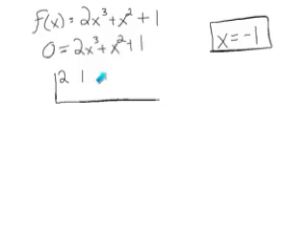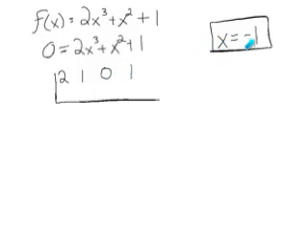So we need to have a placeholder when we're doing the synthetic division, and since we don't have an x term or a linear term, we're going to put a 0 in for that. And then our last term is always going to be the constant. Well, here our constant is 1, so we have a 1. So remember that in synthetic division, if we skip a term, so x cubed, x squared, skip the x and go to the constant, we have to put a placeholder, and that placeholder is going to be 0.